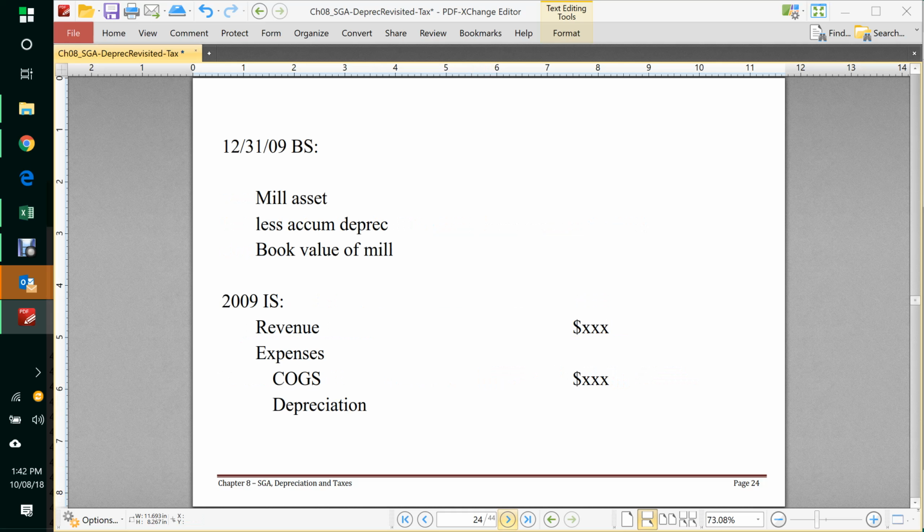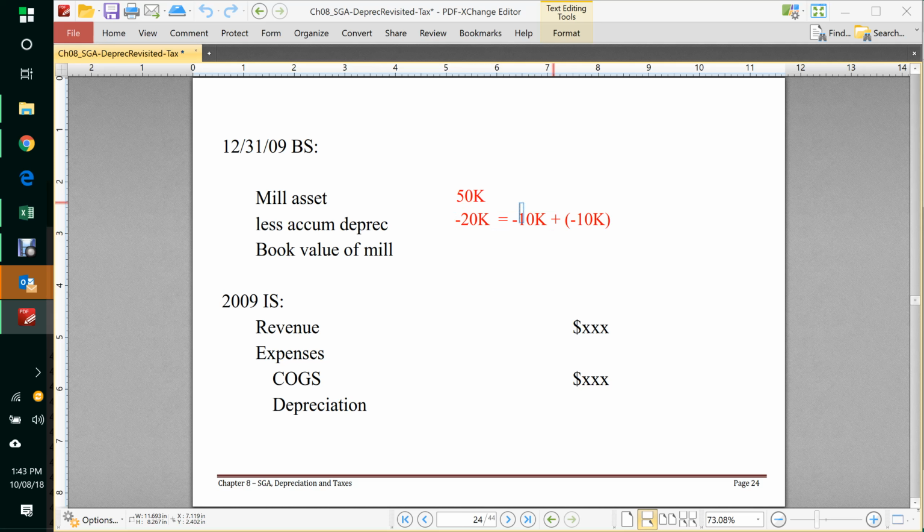Okay, looking good. Now let's think about our balance sheet and our income statement for the year. The mill asset is still going to be 50K. The accumulated depreciation now is, remember, everything on the balance sheet is cumulative from nanosecond zero. So that's going to be minus 20K, equals minus 10K plus another minus 10K, for 2 years.